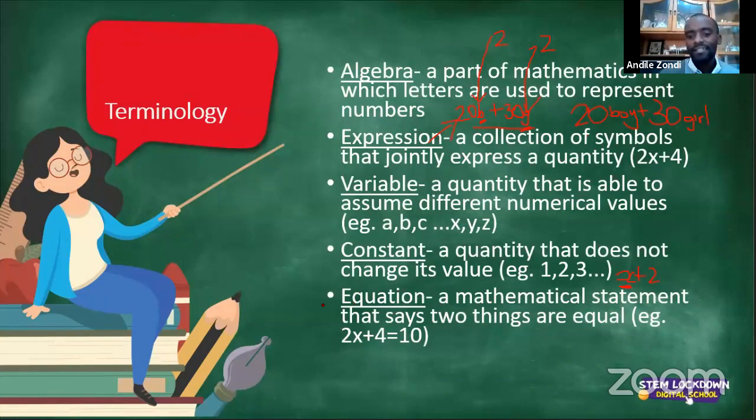So that's what I mean by constant. By the way, if you have a number like 2 next to a variable like X, this is a coefficient.